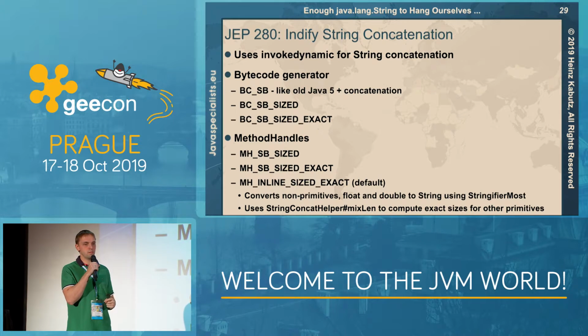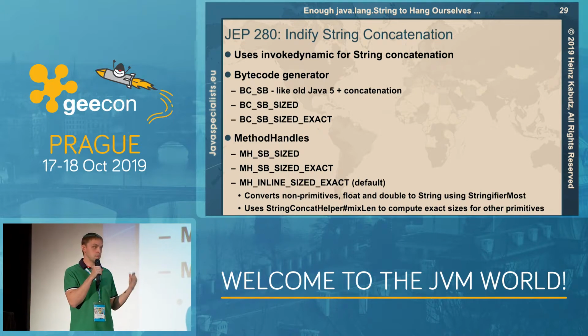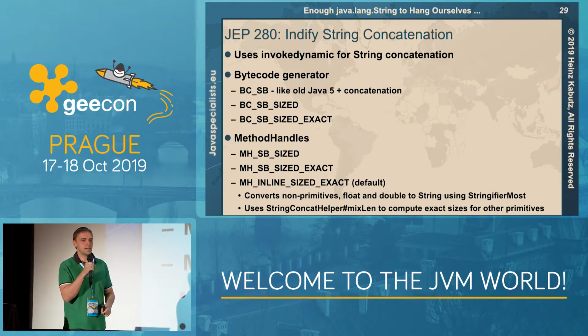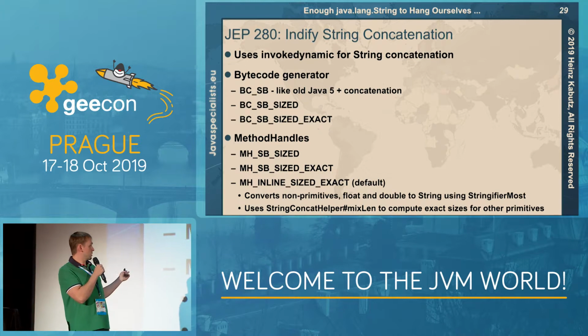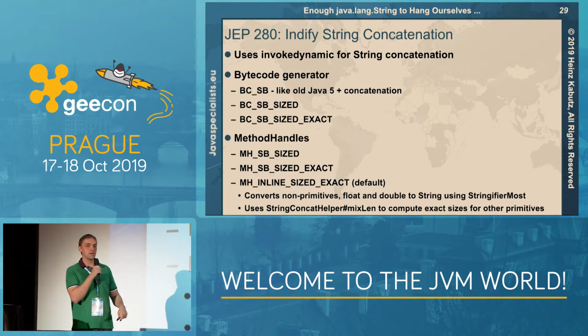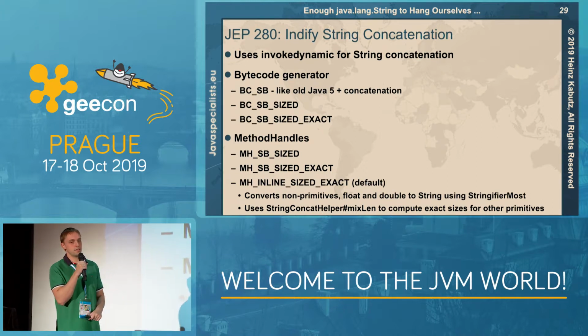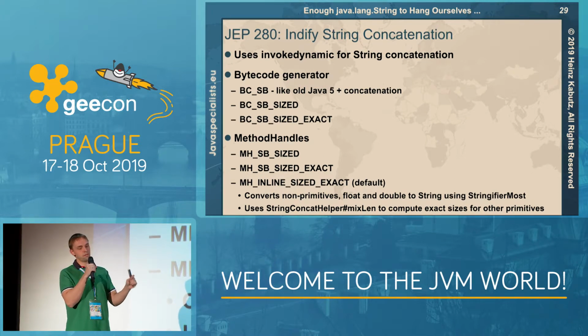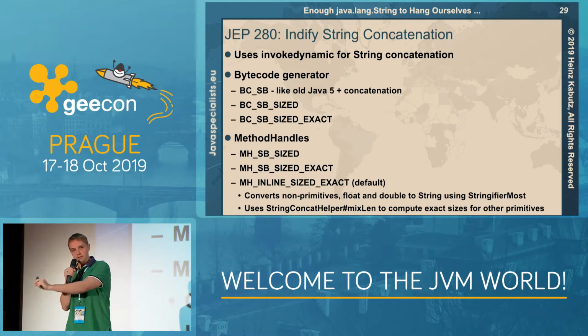One is the bytecode generator that uses StringBuilder under the hood, and another one uses method handle combinators. The default strategy is called MH_INLINE_SIZED_EXACT. What it stands for is method handle based, byte array directly inlined into string strategy.